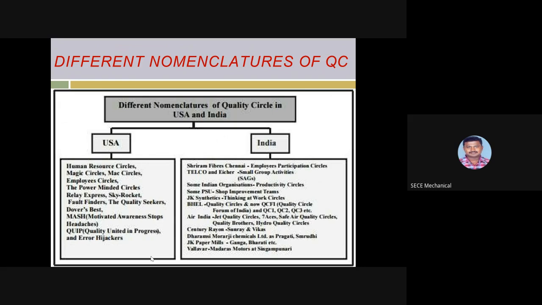In India: Sri Ram Fiber Chennai has employees participation circles, Telco has small group activities, some Indian organizations have productivity circles, some PCU soft improvement teams, JK Synthetics thinking network circles, Bell quality circles, and quality circles. Now QCFI, the Quality Circle Forum of India, also exists, and Air India has jet quality circles. Similarly, many organizations in private and government industries follow such nomenclatures.